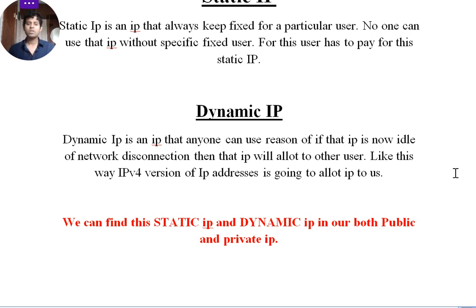So that's why we don't have any problem getting an internet service with the feature of dynamic IP. Dynamic IP allows this massive, huge number of internet users, more than the total internet addresses in IP version 4.